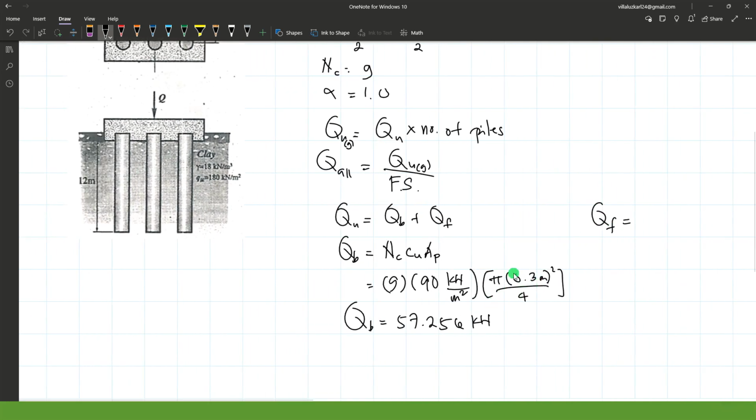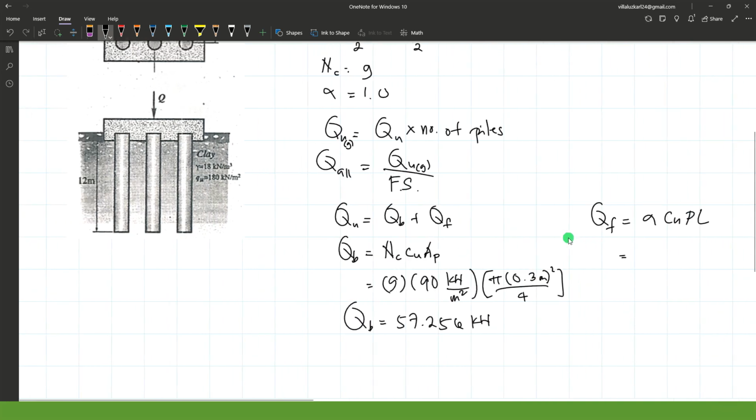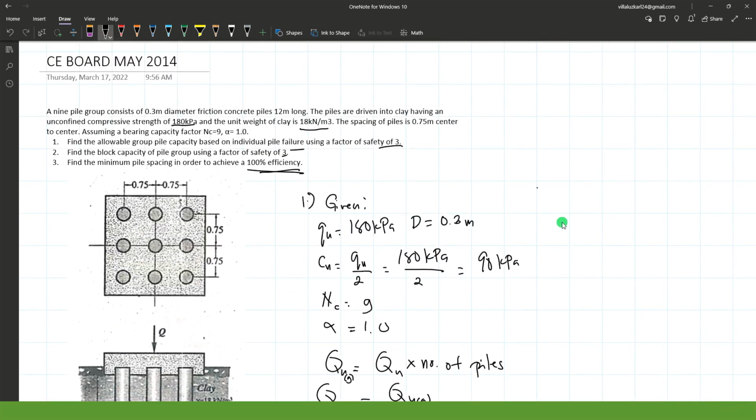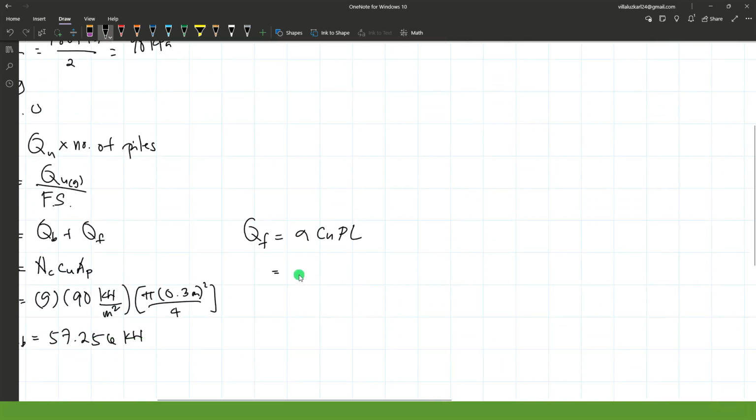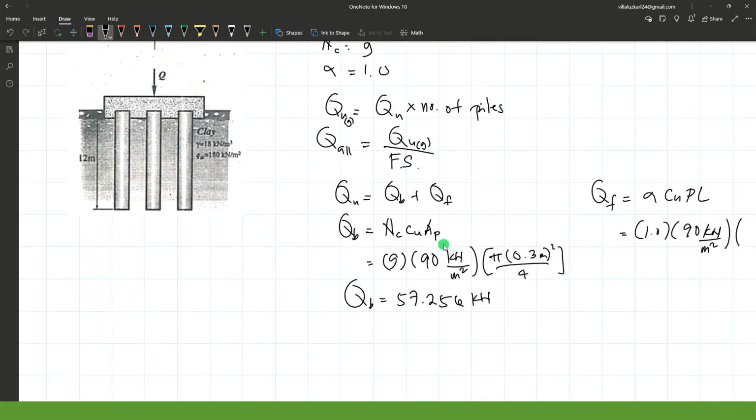Next, for the skin frictional resistance, QF, we have a formula of alpha CU P times L. So alpha, or the unit of skin resistance, is equal to 1. CU is 90 kilonewtons per square meter. P is the perimeter of the cross section of a single pile.